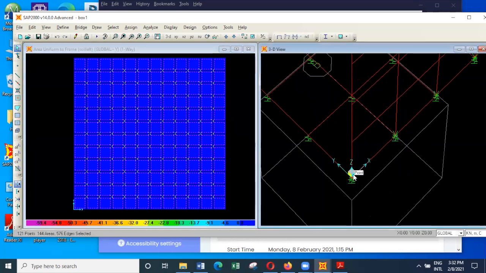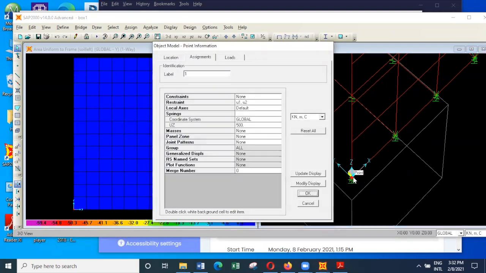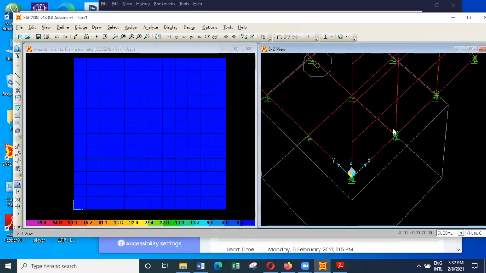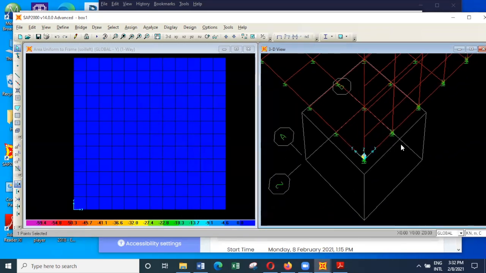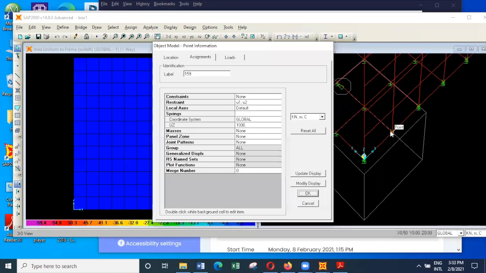Here you can see, in addition to the spring, some restraint has been applied in the horizontal direction. If you look, I'm not sure whether I have applied the same thing here.